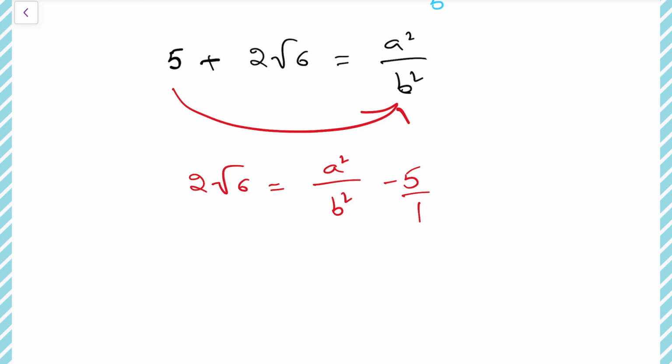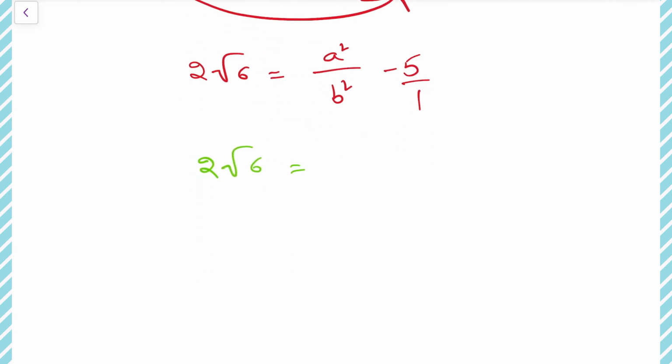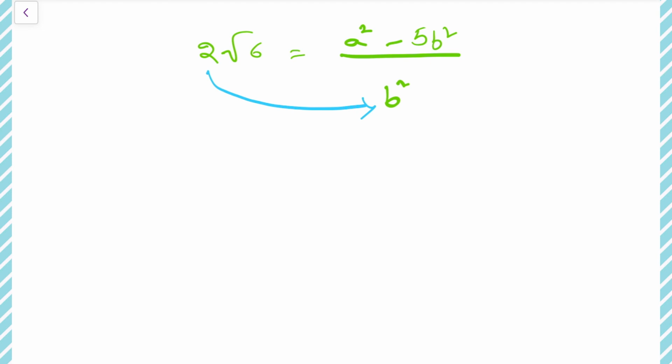So 2 root 6 as it is equals, I am going with the cross multiplication process: b square into 1 is b square, a square into 1 is a square, minus 5 into b square, 5b square. In the next step, I am going to take this 2 also to the right side. Root 6 equals a square minus 5b square divided by 2b square.